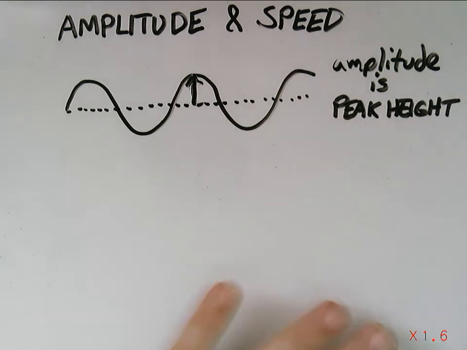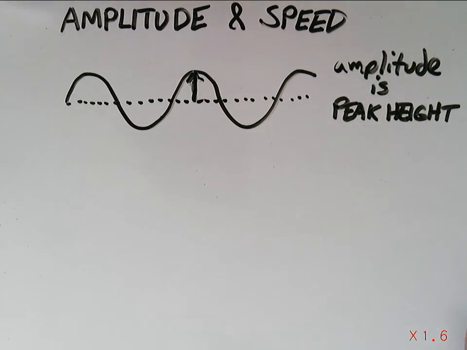It's the height of the peak above where the baseline for the wave is. So where my little arrow there is the amplitude. Now, it's related to how much energy that the wave is carrying.